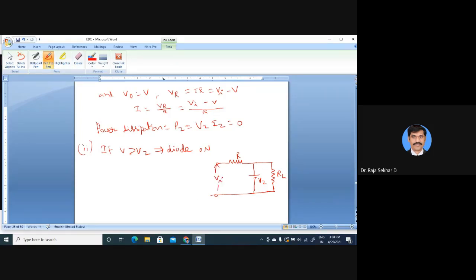This is Vi, this is I, this is Iz, and this is IL. And this is VR, the voltage across the resistor.